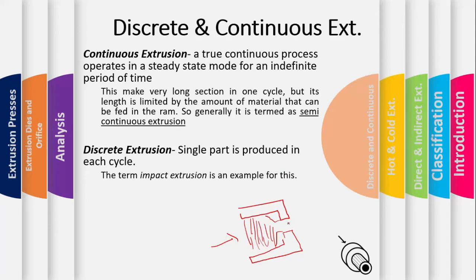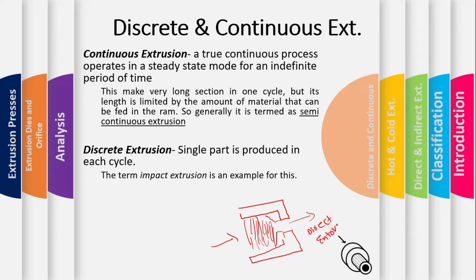So we can keep on squeezing the material up to any length theoretically, but practically we encounter a problem that the amount of material that can be fed into the container will limit the length of the part that can be extruded in the case of the continuous extrusion. Means with a uniform velocity, we are squeezing the material out of this die opening. A continuous extrusion can only be performed as a direct extrusion.